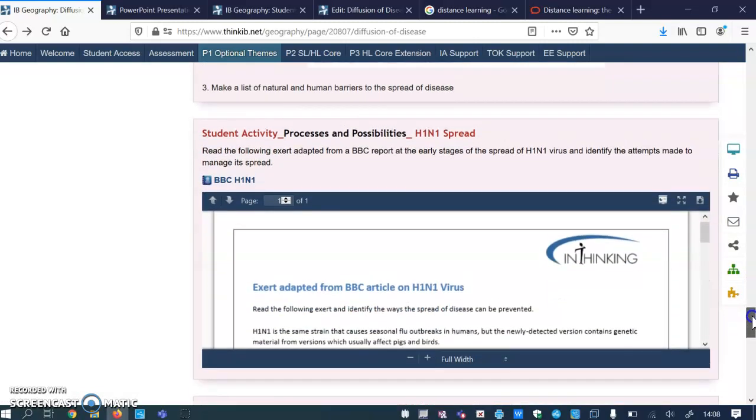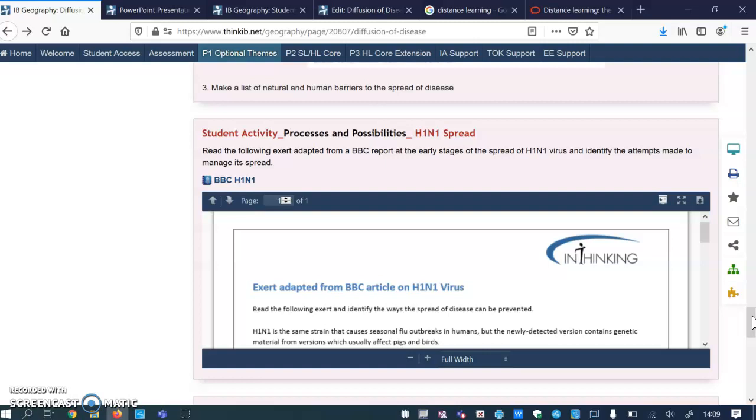Of course, there are lots of natural and human ways of managing diseases. So if we think about, first of all, barriers to the spread of disease, you might think about distance as being a barrier. You also might think about environmental factors such as climate. Some diseases thrive in certain environmental or climatic conditions.